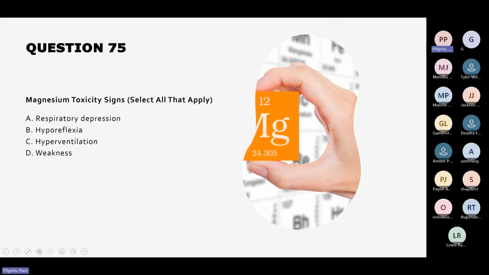Select all that apply. Which are signs of magnesium toxicity?